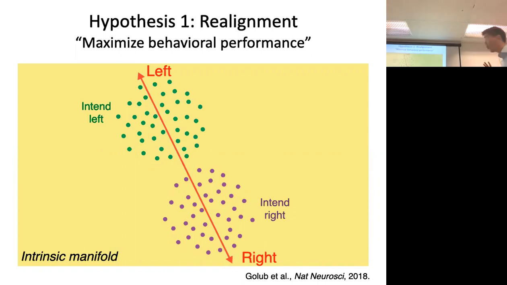So according to this hypothesis, the green cloud, which was here before, would migrate up here to be consistent with this new mapping of moving the cursor to the left. And this purple cloud, which used to be here, would migrate down here to be consistent with this new mapping for moving the cursor to the right. Before we started this project, I would have put a lot of money that this hypothesis would win.